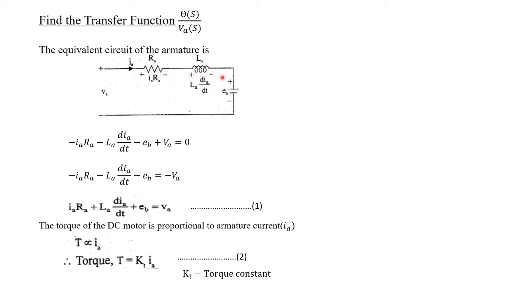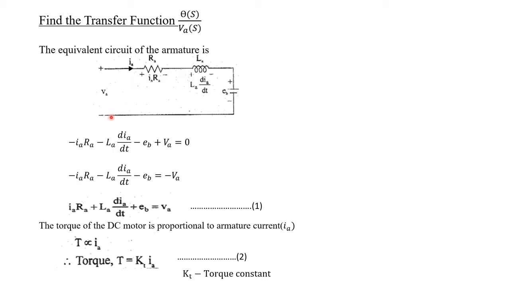Then this is an induced voltage, that is induced EMF, so we cannot change this plus minus here. At the top it will be plus and at the bottom it will be minus. That is the back EMF EB. Then this is the applied armature voltage, that is VA, so we cannot change this polarity also. For all the other elements we can put plus minus along the direction of current flow. IA, that is the current, will be flowing in this direction, that is the clockwise direction.